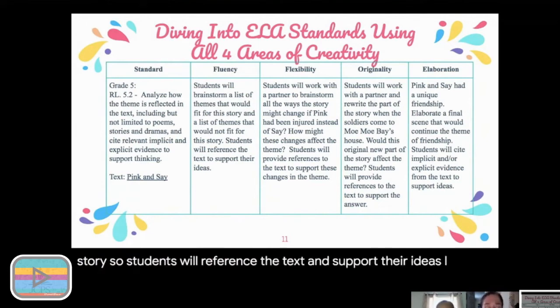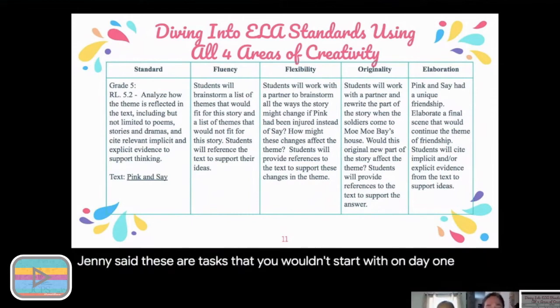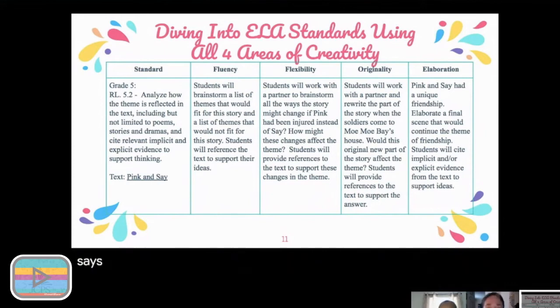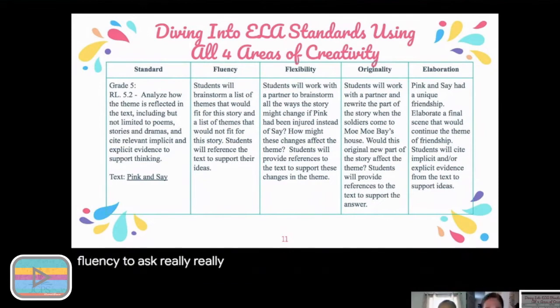I love that it's getting kids to think deeper, think outside of the box. And like Jenny said, these are tasks that you wouldn't start with on day one, but almost like a summative assessment to see, have they grasped the idea of theme? And this fluency task really gets them thinking.